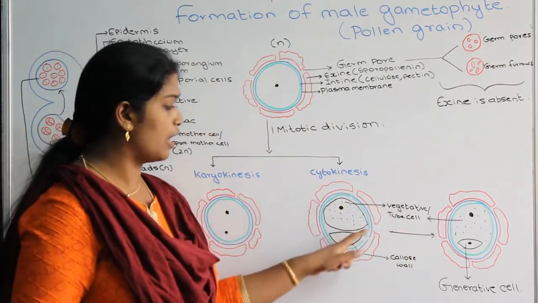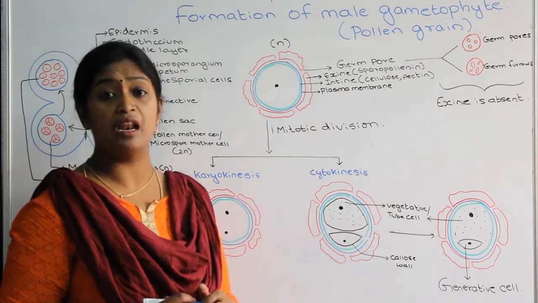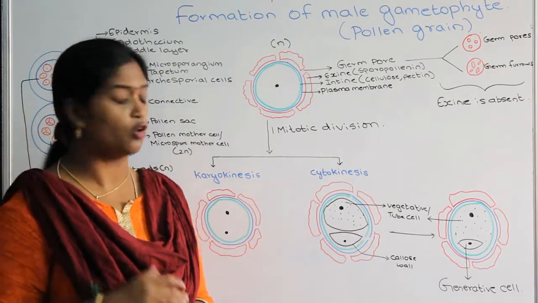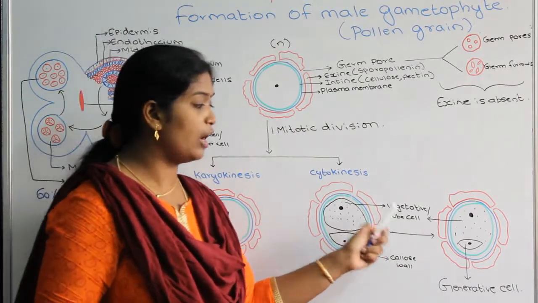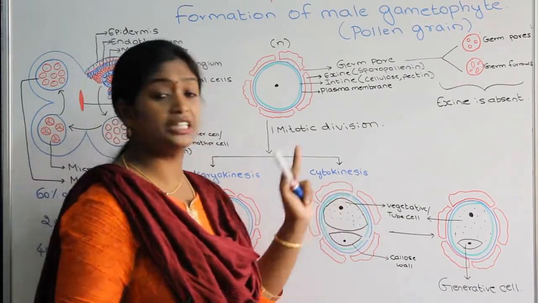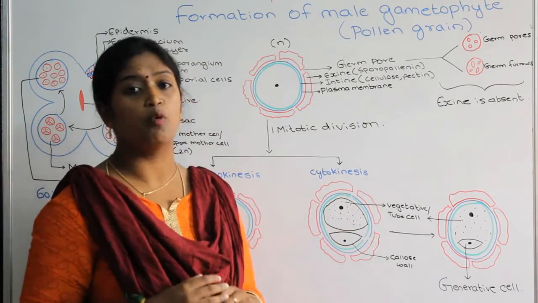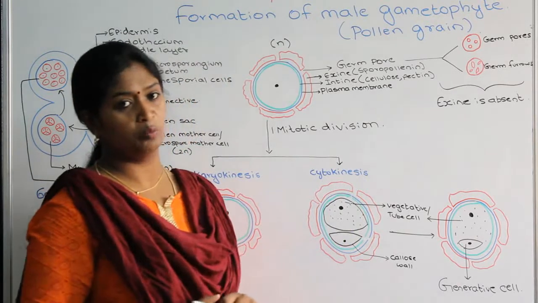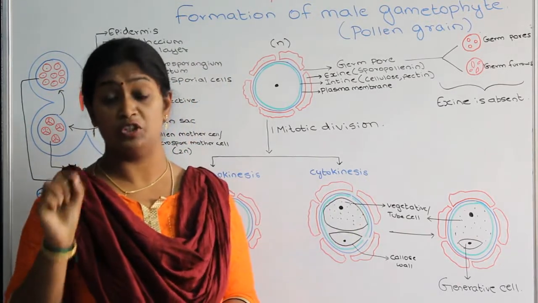Now, this larger cell is called the vegetative cell because it does not play any role in the formation of the male gamete. It is called the tube cell because here the plasma membrane of this vegetative cell gives rise to the pollen tube. This pollen tube makes its way through the germ pore. This is the main function of the germ pore.